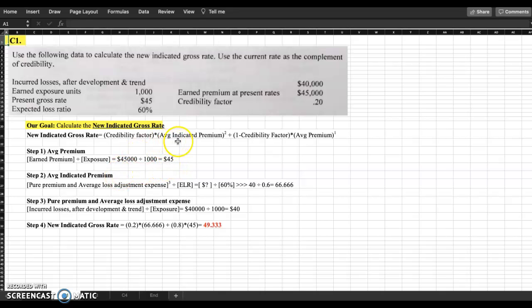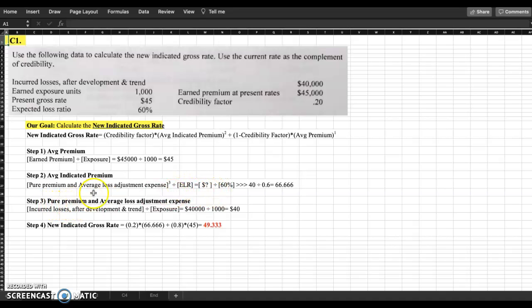Next one is average indicated premium, which is defined as pure premium and average loss adjustment expense, which is LAE, divided by the expected loss ratio. We don't know the pure premium and average LAE right now, so we leave it.